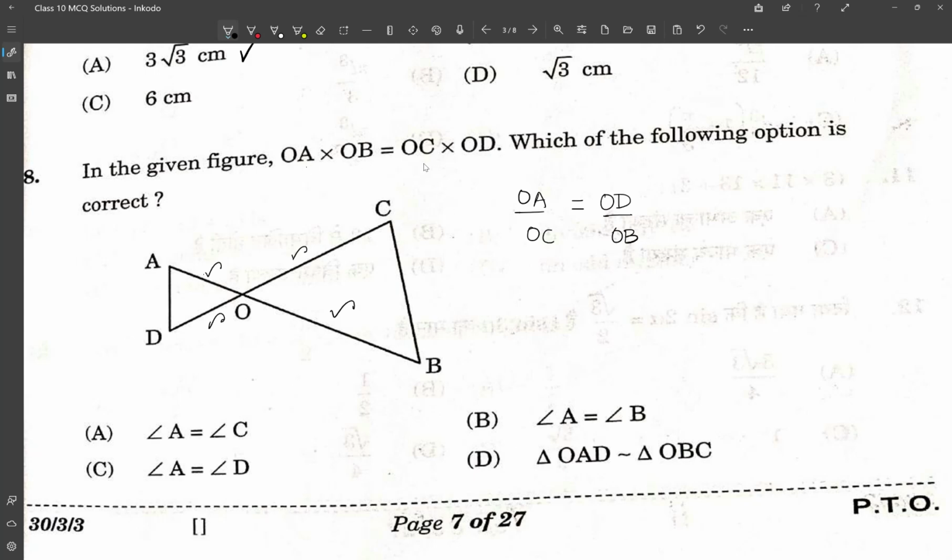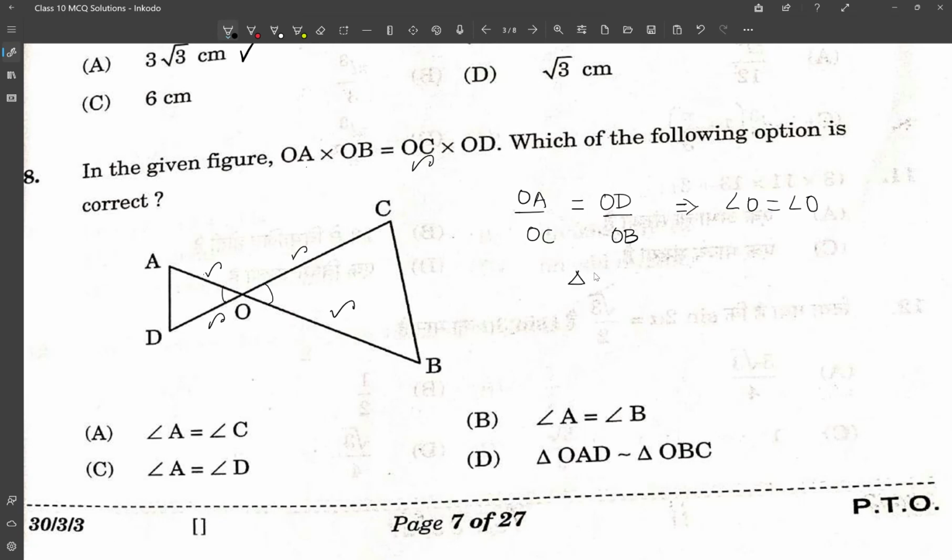So OA divided by OC, because they are part of two different triangles, OD divided by OB, and these two angles are equal. They are equal by vertically opposite angles concept. So angle O is equal to angle O.